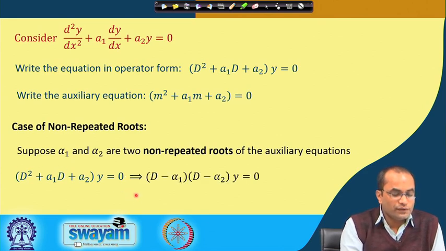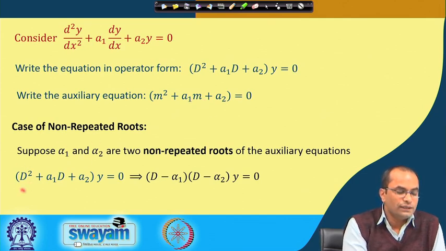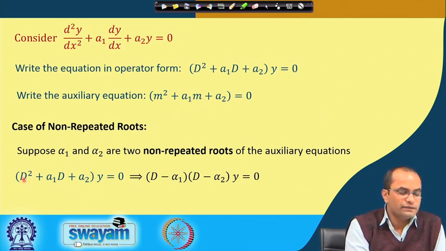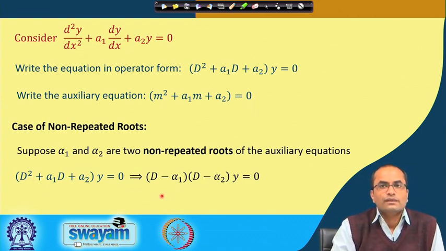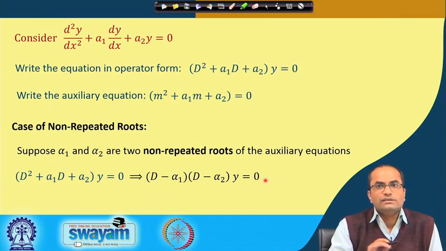Because we know the roots alpha 1 and alpha 2 of this equation, we can factorize and write this operator equation in this form also: D minus alpha 1 multiplied by D minus alpha 2 on y is equal to 0.